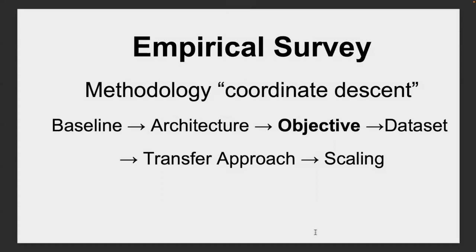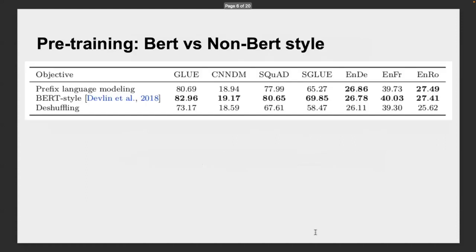Okay, when we're talking about objectives, I think we can talk about what the different variants of objectives are. So here, this is prefix language modeling, which is next token prediction with some prefix. The BERT style is the random word: you drop random words and you predict the dropped words.